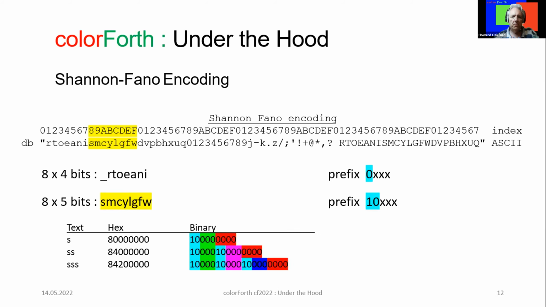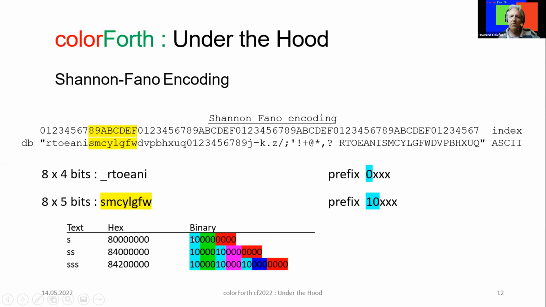Okay, so let's move on to the next one. You can see here, this is how you encode S and SS and SSS, because all of those, the S is a 5-bit sequence of bits beginning with 10. That's the prefix. So you've got the blue prefix 10.